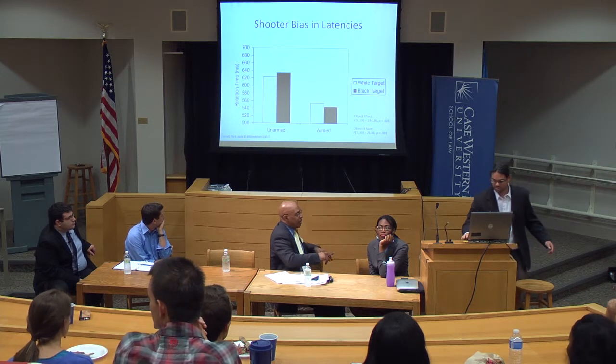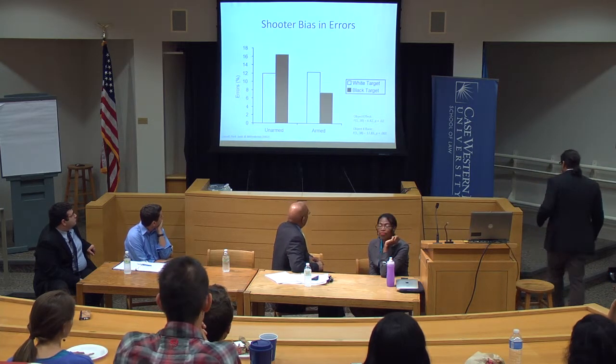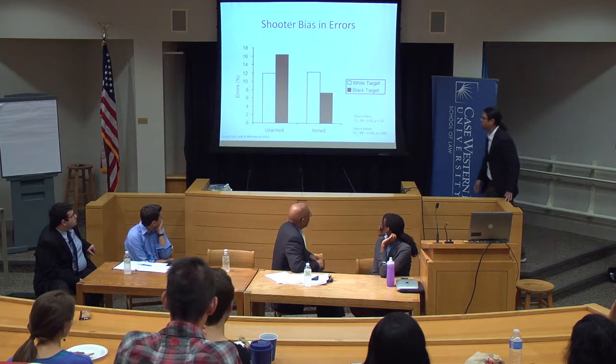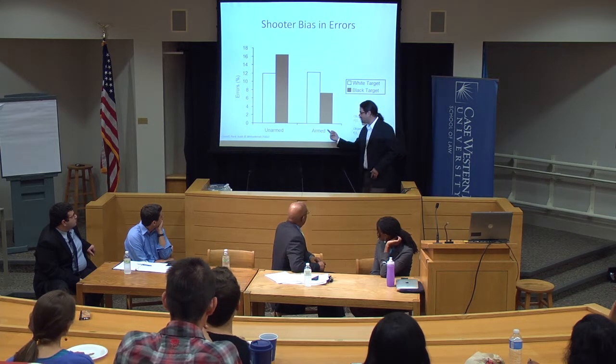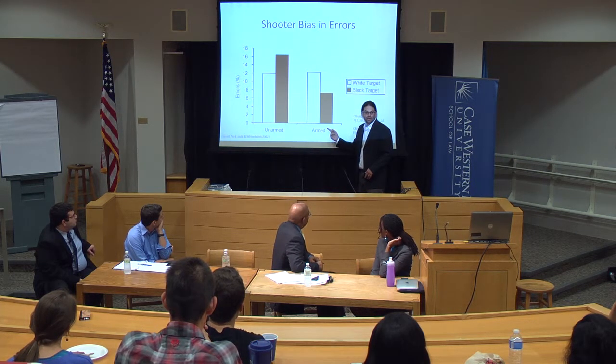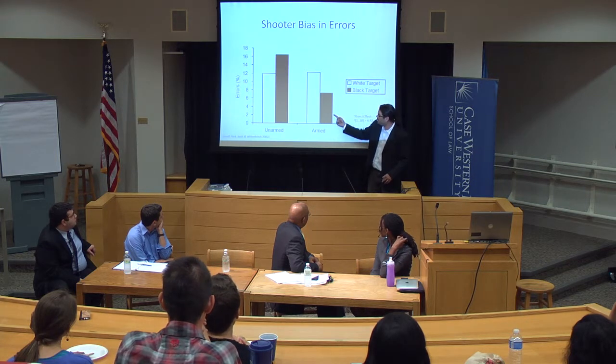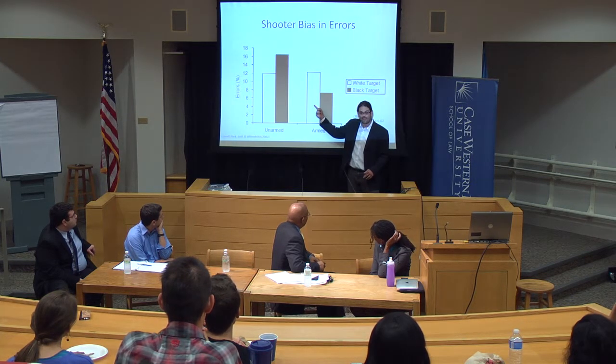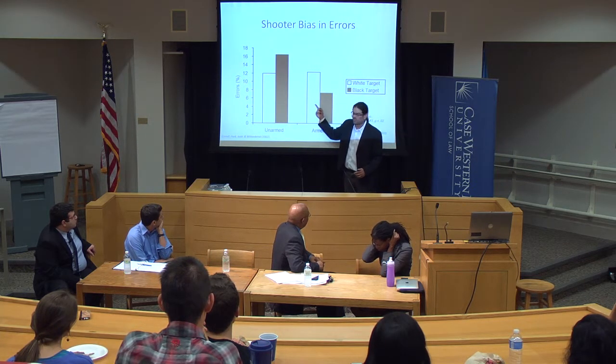What about this? Error rates. How many times do people hit the safety when the man is holding the gun? Well, the error rate is quite low when a black man holds a gun, right? Not too many people hit the safety. But when it's a white man holding a gun, it's almost double the amount of people hit the safety.